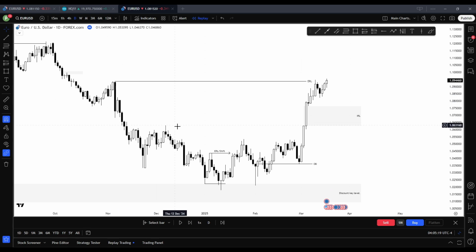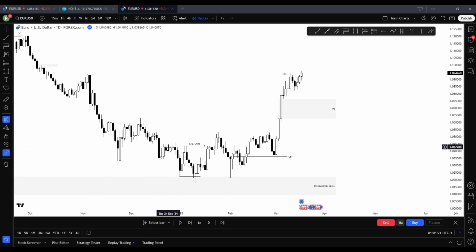And you can see that continued until price came down lower and hit this discount key level. And after testing this discount key level, that's where the dynamic changed, right? We no longer saw price moving in the ERL-IRL cycle. Instead, what you can see is that it jumped straight from one ERL to another ERL.